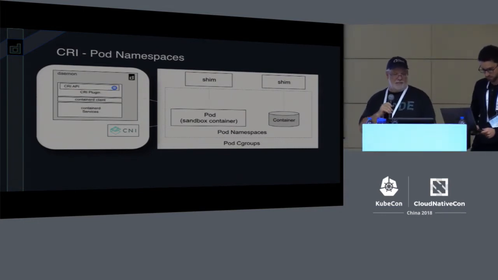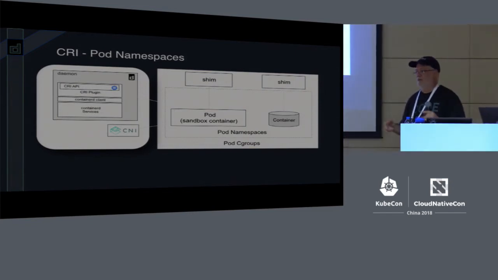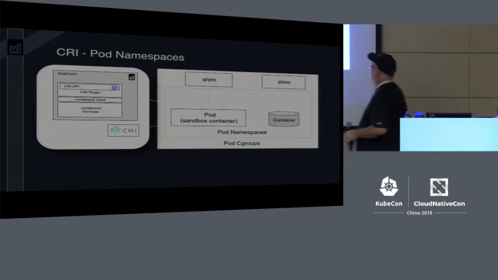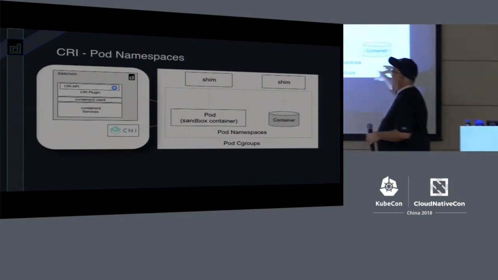Okay, so we're going to show an example to demonstrate how the CRI plugin works for the case when kubelet is creating a single container pod. So you're going to have one pod and one container. If you went to the intro section, you probably understand that we do some namespace isolation around the pod.